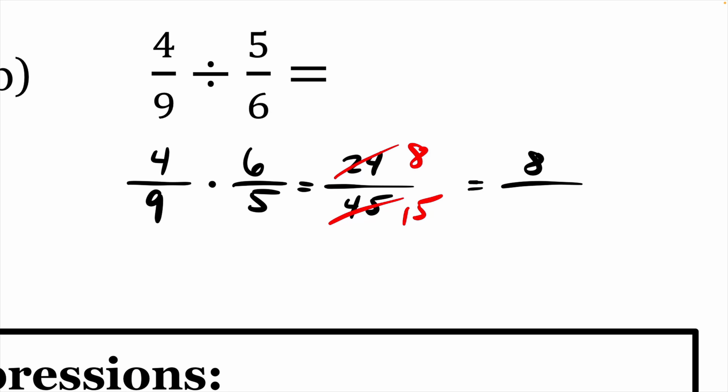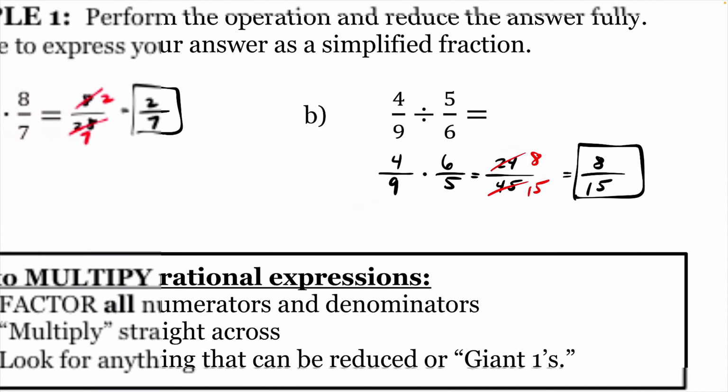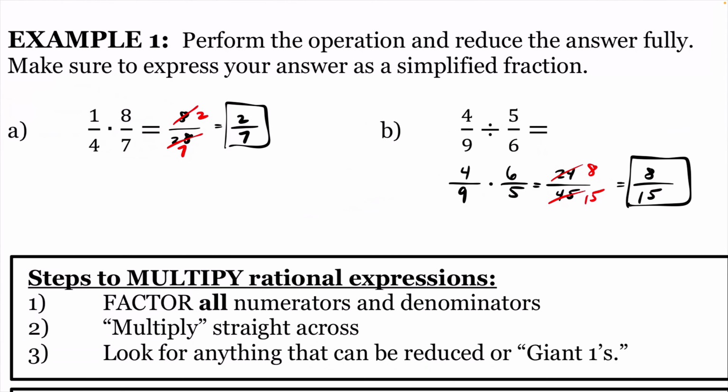Done. Okay, so the big thing is the rule for division is keep, change, flip. That's what one of my teachers in high school showed me. When do we do that? With division. Only with division. Multiplication stays the same.